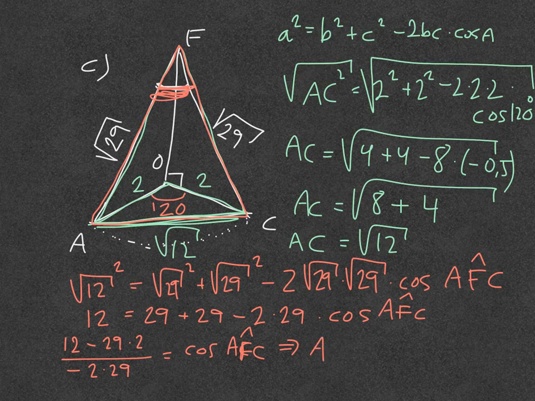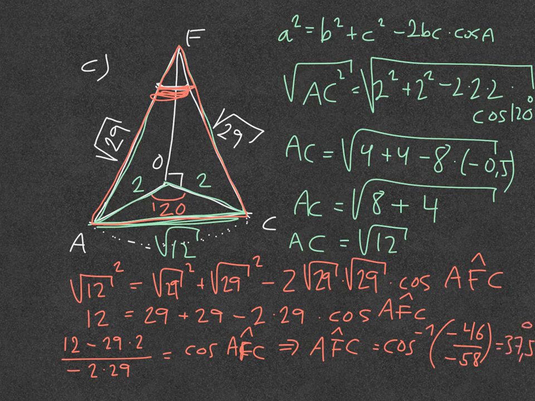Which means that angle AFC equals the inverse cosine of, let's see, 12 minus 29 times 2, that's minus 46 divided by minus 58. And if you punch that into the calculator, you'll get 37.5 degrees.